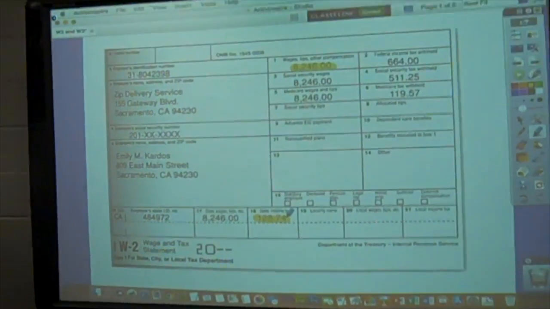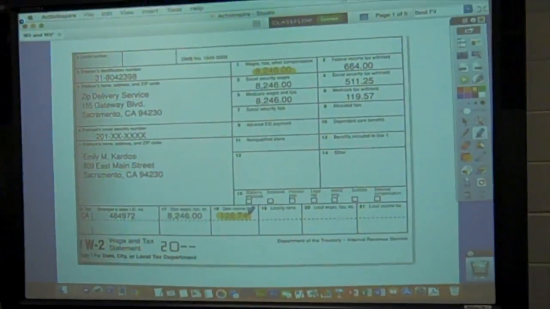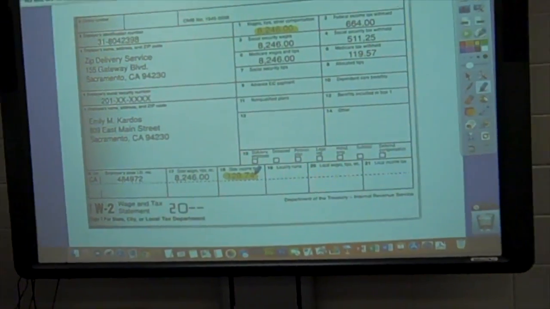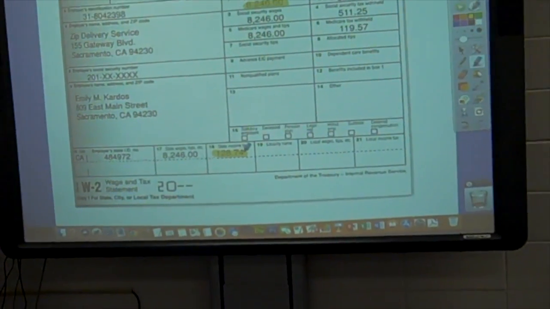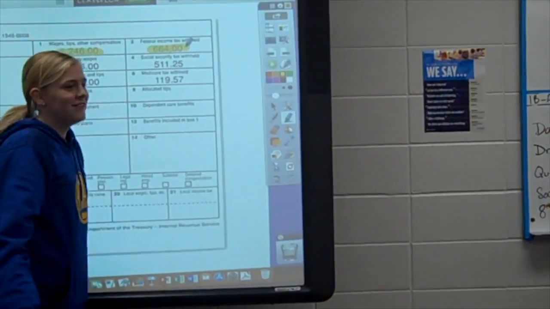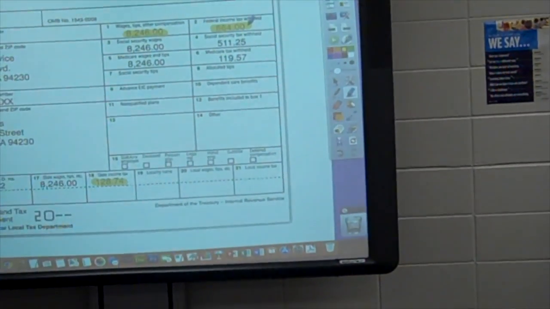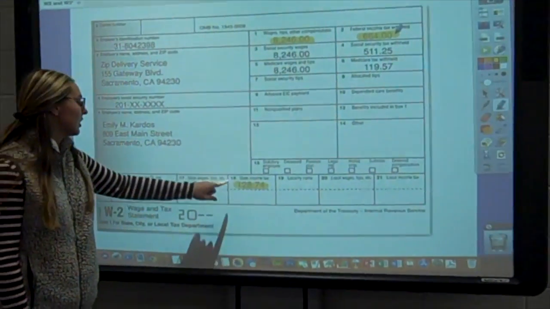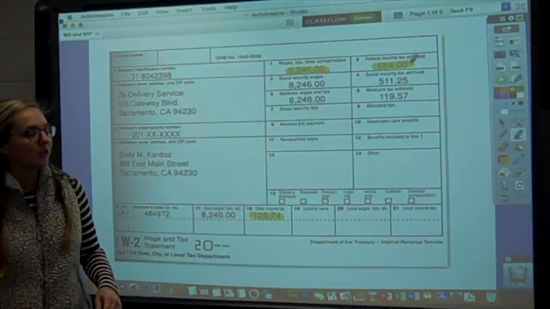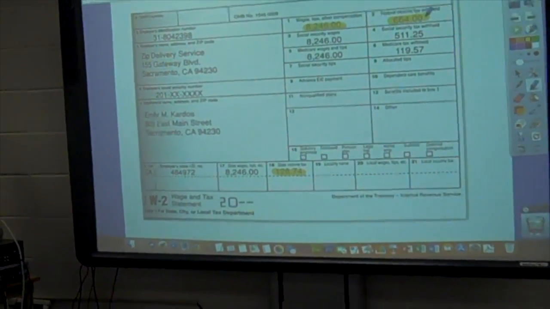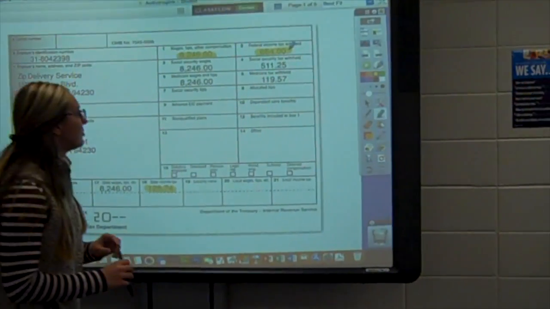All right, and I'm going to have someone come up and find the federal income tax withheld. Very good. It's right with federal income tax. So as we can see, it's going to tell us the state income tax. Really just look for those terms on your W-2. That is going to tell you for the year what has been coming out. That way you know.